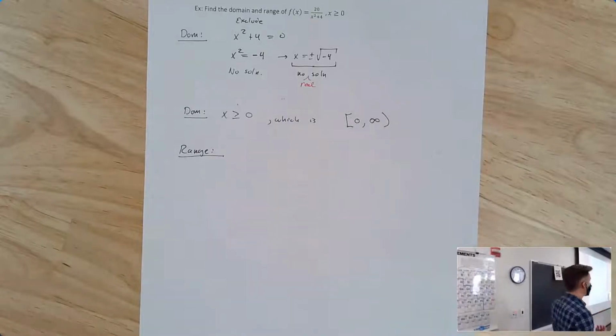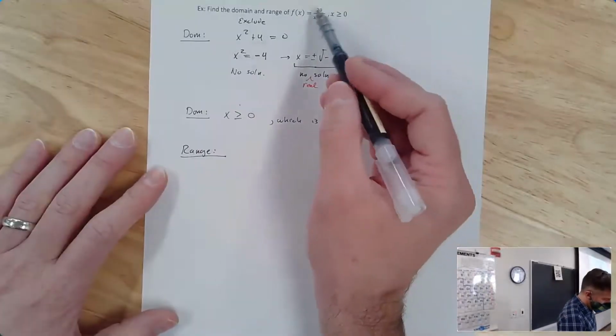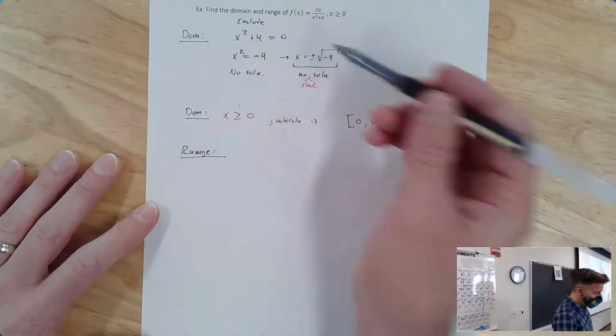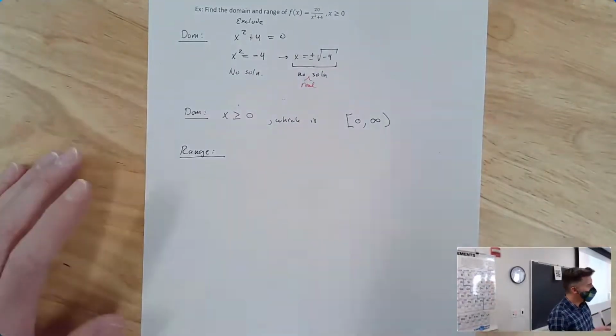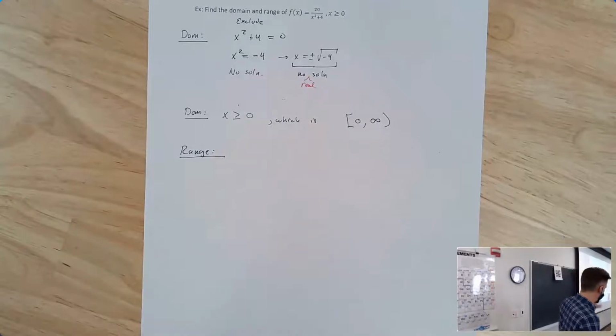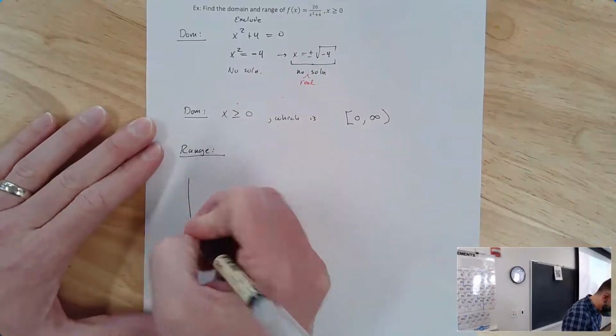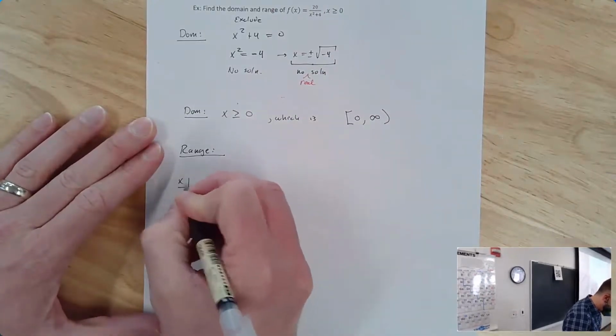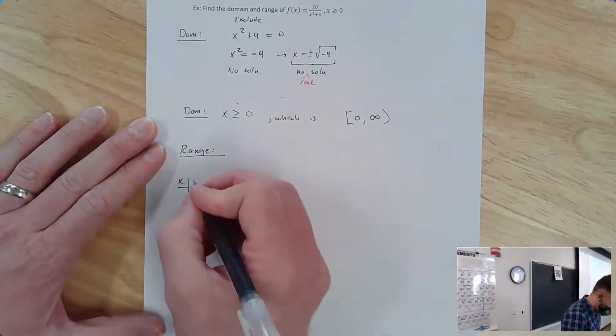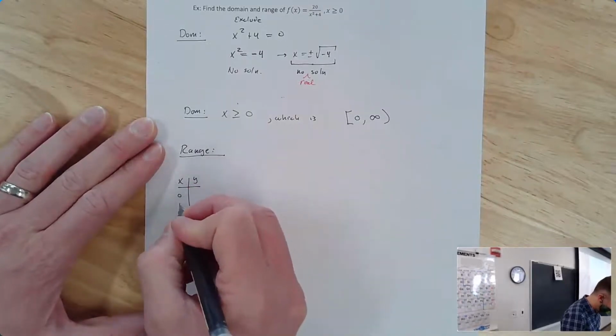But here's one way you could approach this: 20 over x squared plus 4. I might even try graphing it, not very precisely, but let's just think about plotting a couple of values. I'm going back to a table and picking a few values for x.